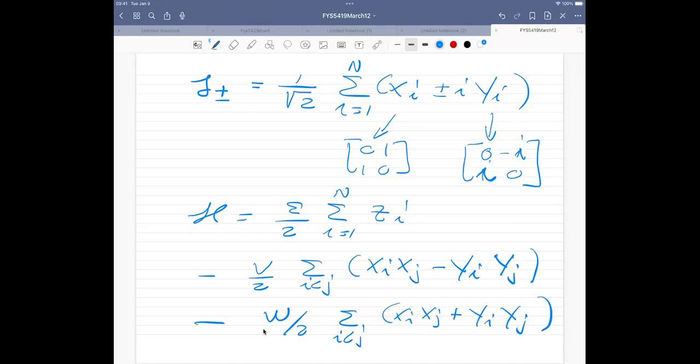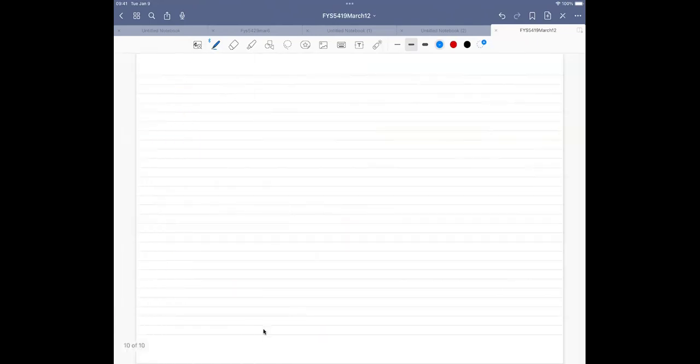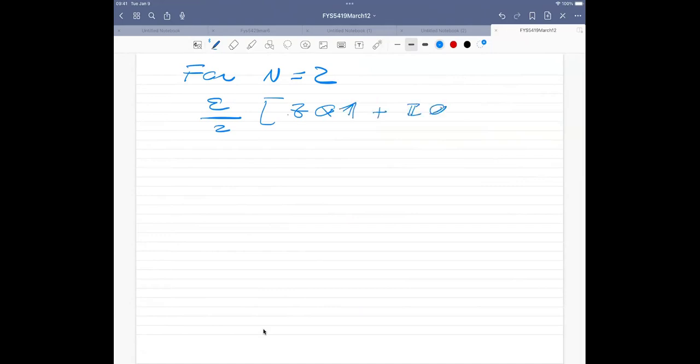So if I take the case with two particles only, for n equal 2, then what my Hamiltonian is going to look like is going to be equal to an epsilon half, and there's going to be a z tensor product with I plus a z tensor product with I, because we have two particles here.